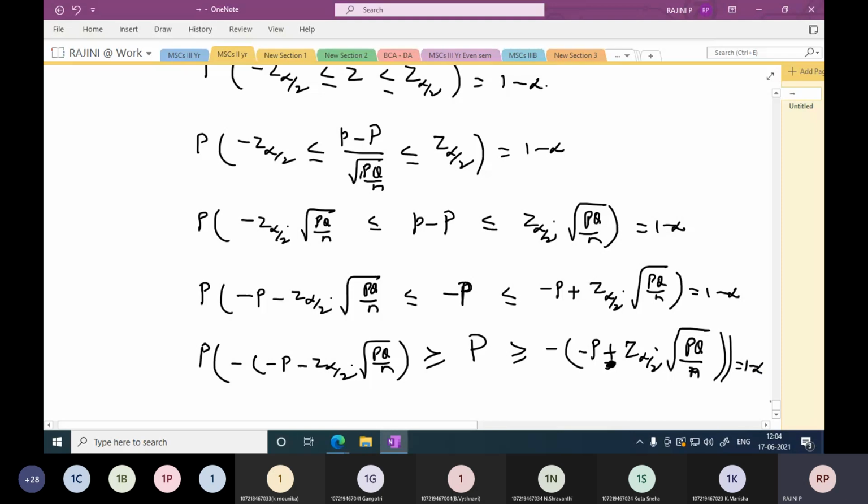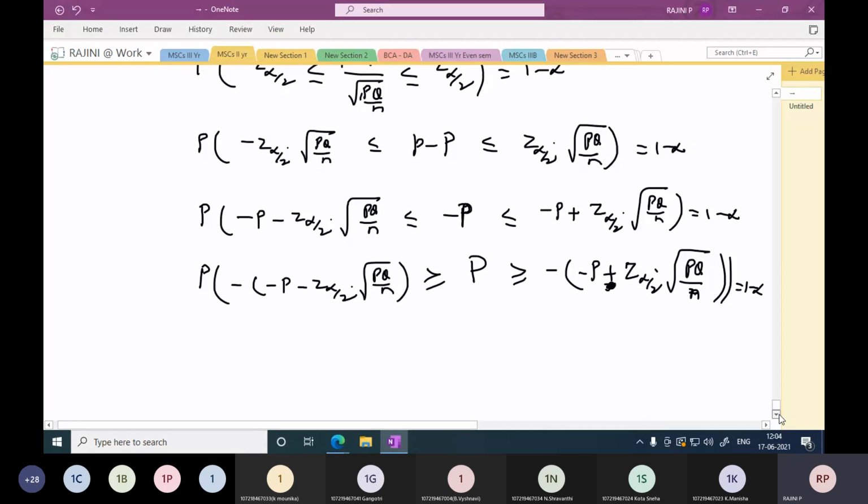Is it clear, everybody, till now? See, if I have A greater than B greater than C, can I write C less than B less than A?